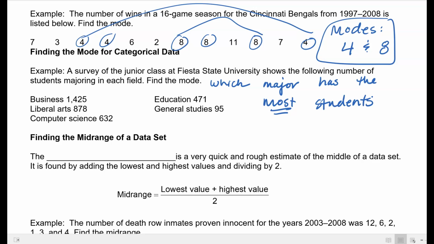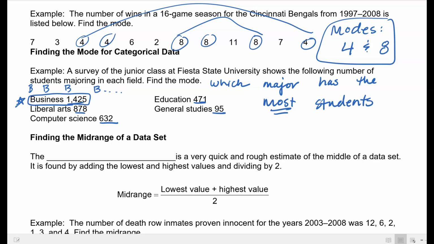So in this case, you look at this a little bit differently. If you notice each of these numbers, none of them repeat. That's not what we're being asked here. If you think about what these numbers mean, there were 1,425 students who all selected business. So imagine what that list looks like. You're going to see business and business and business and business 1,425 times.